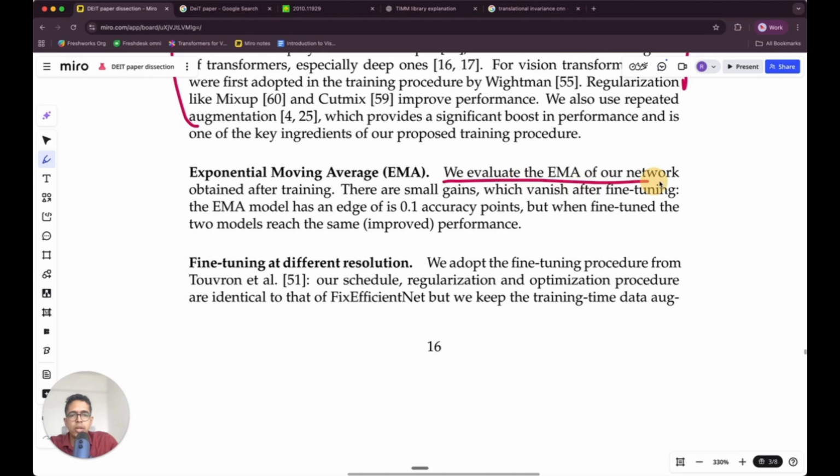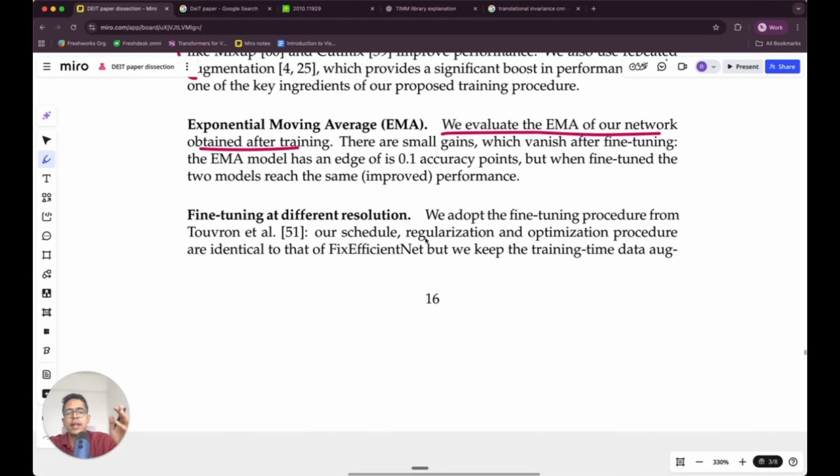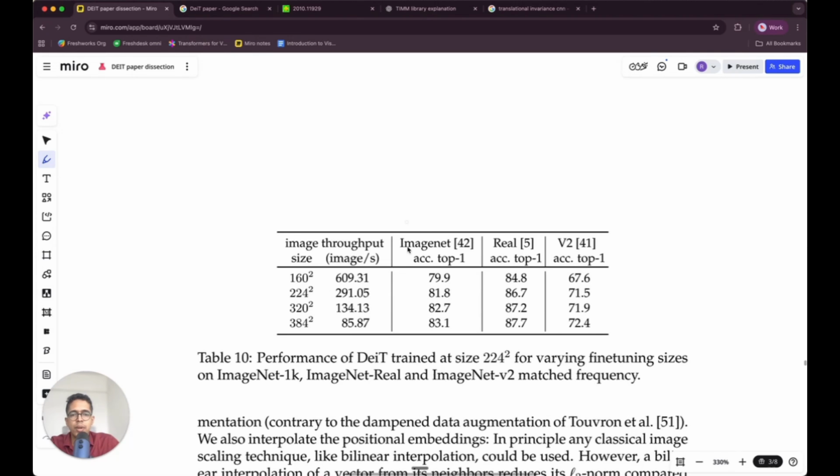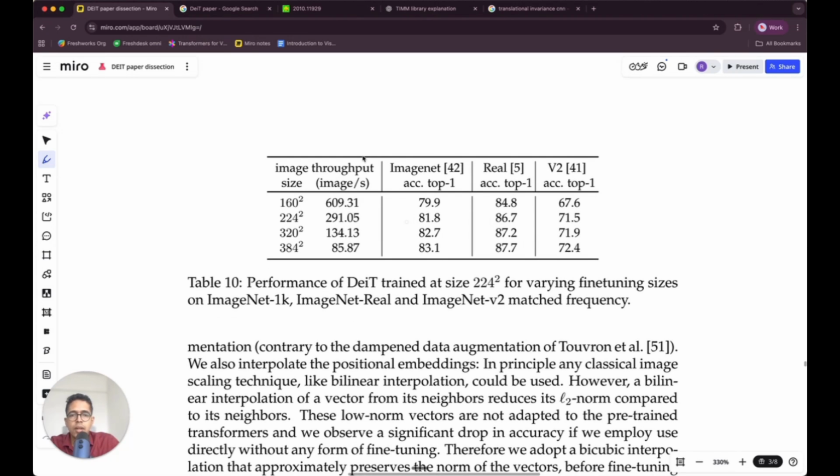We evaluate exponential moving average for our network obtained after training. Fine-tuning at different resolution. So instead of just 384 resolution, they might have tried fine-tuning at other resolutions: 384 by 384, 320 by 320, 224 by 224, 160 by 160. So 160 by 160 means the model will be the worst. I can imagine that, but it will have very good speed.